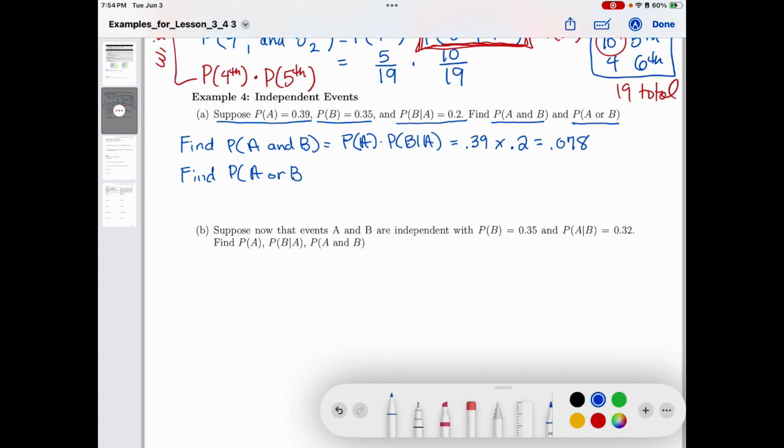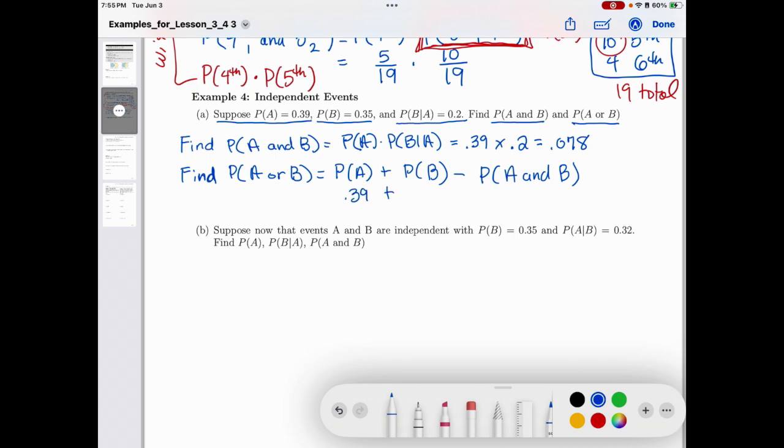Now I need to find the probability of A or B. Our formula for finding A or B is the probability of A plus the probability of B minus the probability of A and B, where we subtract off anything that they have in common so we don't double count.